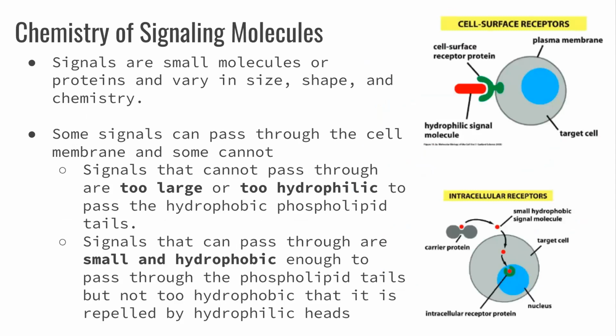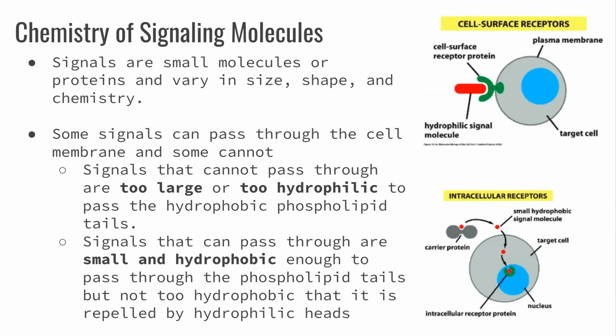Okay, so chemistry of signaling molecules. Signals are very small molecules or proteins, and they can vary in size, shape, and chemistry. Because of this, some signals can pass through the cell membrane and some can't. The signals that can't pass through the cell membrane are too large or too hydrophilic to pass through the hydrophobic phospholipid tails.